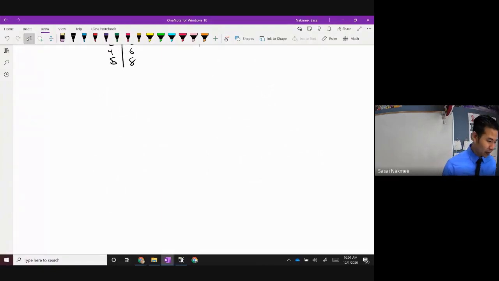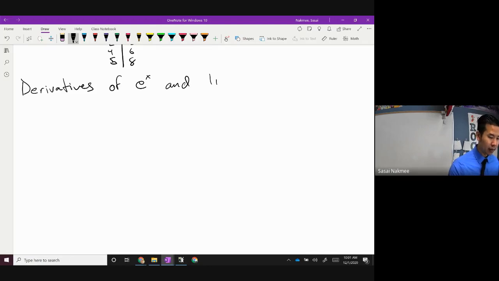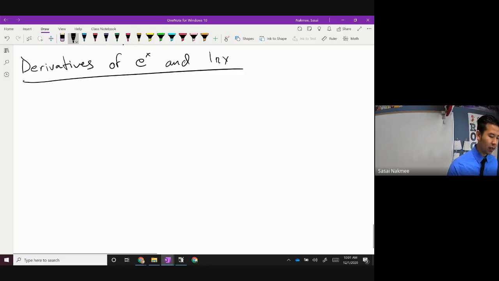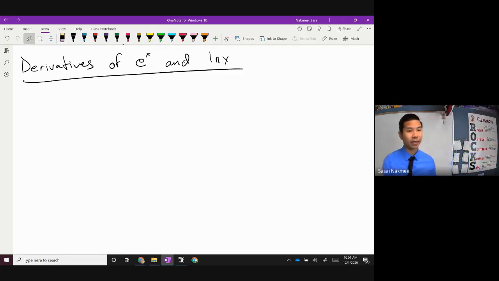This is going to be the derivatives of e to the x and ln of x. Derivatives of e to the x and ln of x.